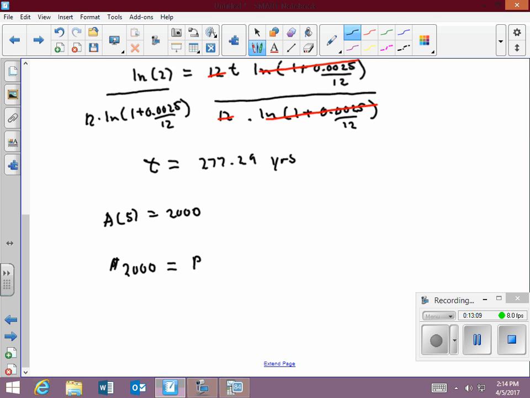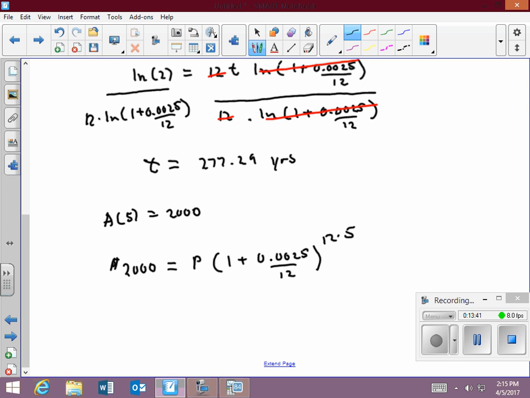So this is what I don't know, times 1 plus 0.0025 over 12 to the 12, and it was 5 years. Like that, right? That'll give me how much principal I need to make $2,000 in 5 years.